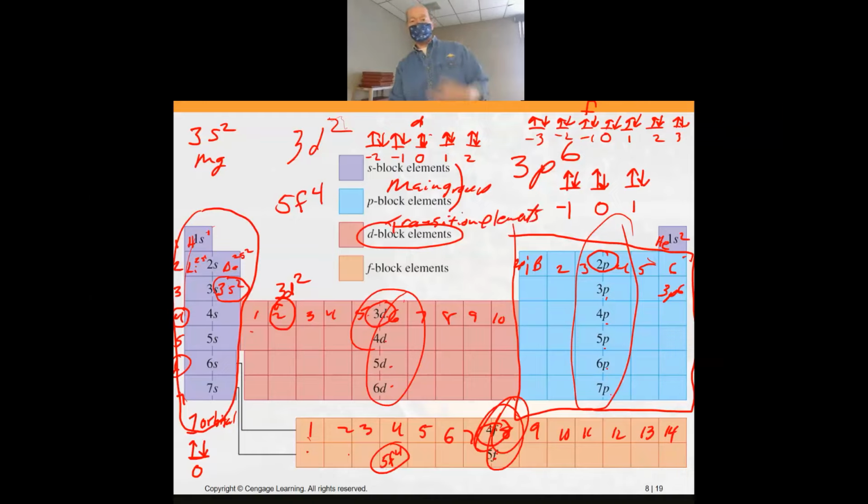Sometimes called transition metals because they're all metals, but transition elements. And then the F block, the blocks down here at the bottom, these are the inner transition elements, sometimes called the rare earth elements.